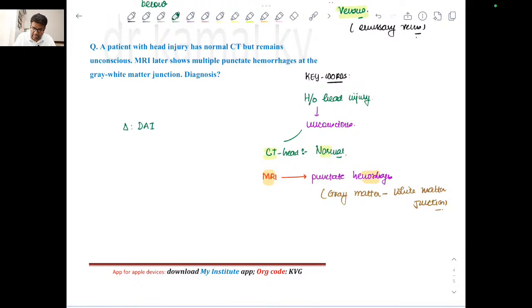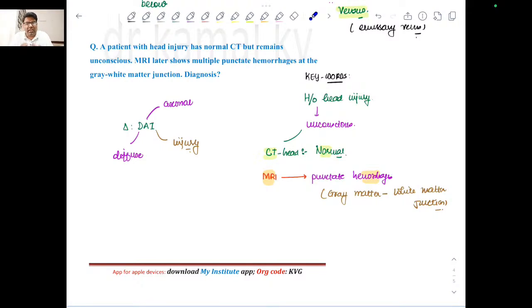Okay, now what is DAI? Diffuse axonal injury, right? So CT scan head is normal, but MRI will show you punctate hemorrhages, dot dot like this. So this means punctate hemorrhages, dot dot, right? So the bleeding will be like this.